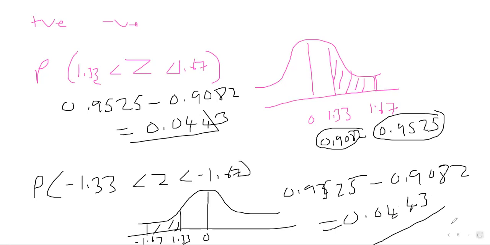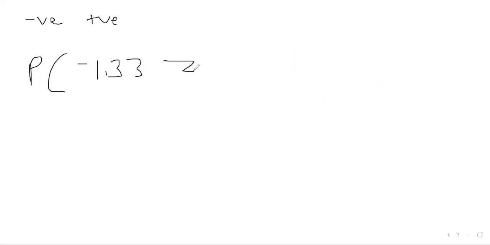All right. It becomes a problem when they're on different sides. One is negative and one is positive. So they're asking you to find the interval between negative 1.33 and Z, which is between 1.67.